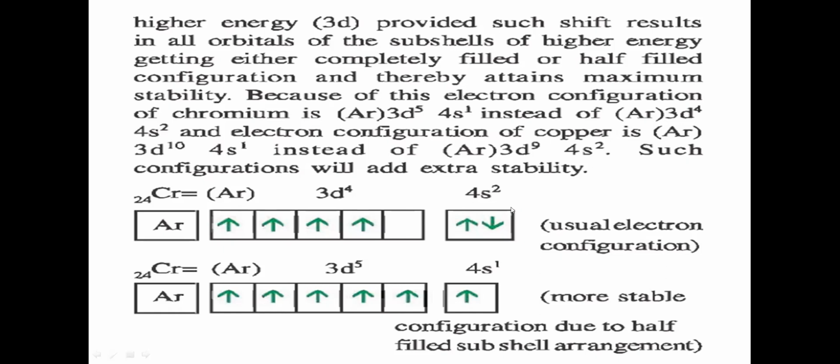Why did this happen? The usual electronic configuration is that instead of filling this orbital, the electron will go to the 4s1. But this is the usual electronic configuration. When we talk about the more stable, half-filled subshell arrangement, this electron will move to the previous energy level, and all the subshells are completely filled in this situation.